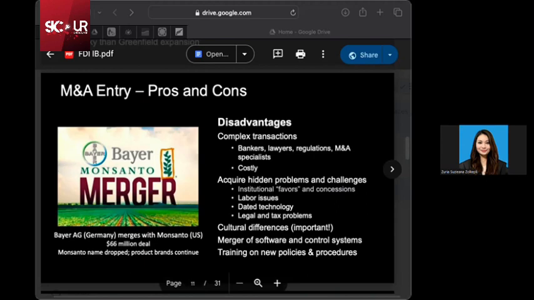It can be labor issues. It can be outdated technology, or there might be legal and tax problems. Especially legal problems. Like I've mentioned to you, it will be so risky for another company to merge with or purchase a company like this.